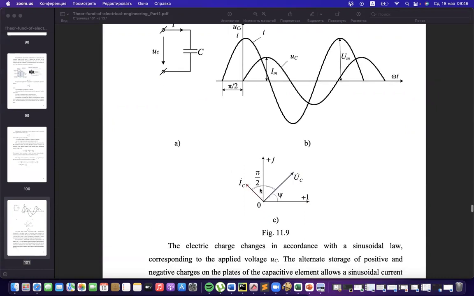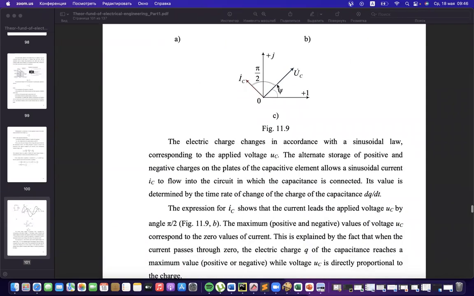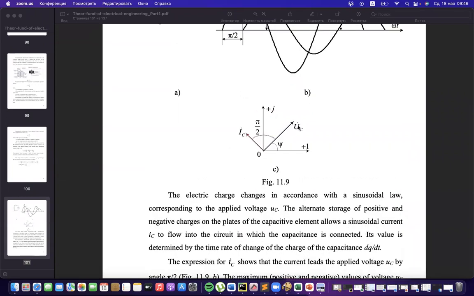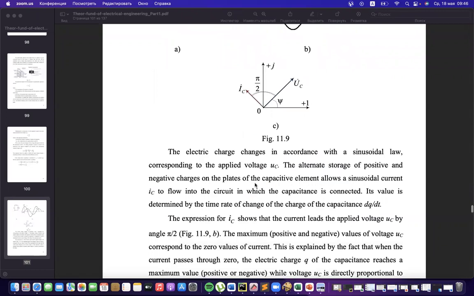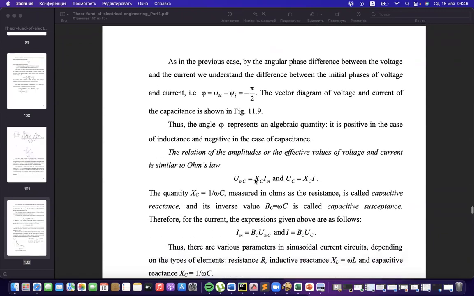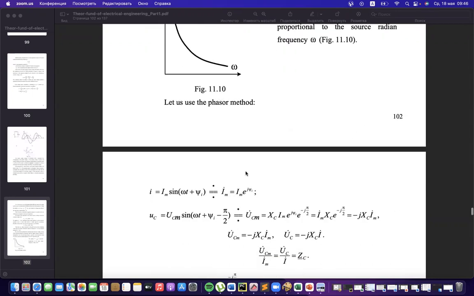But in this situation, not voltage, but current leads voltage by 90 degrees. That means, if in the previous situation voltage leads for the coil, then for the capacitor voltage lags behind the current, and the angle is minus 90 degrees.